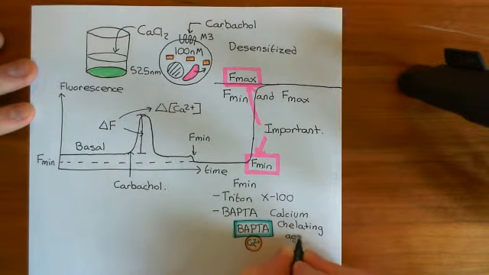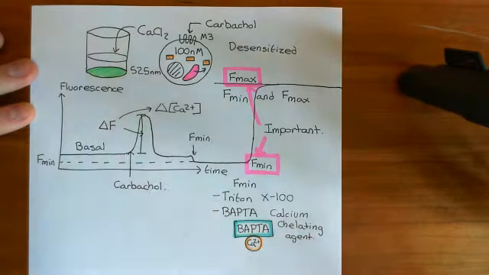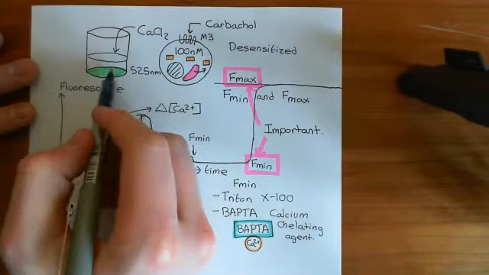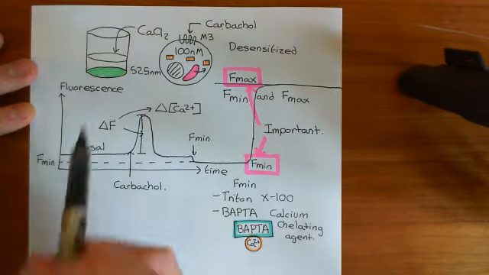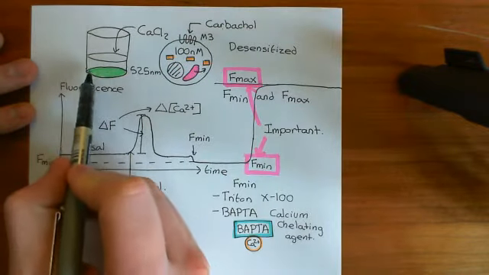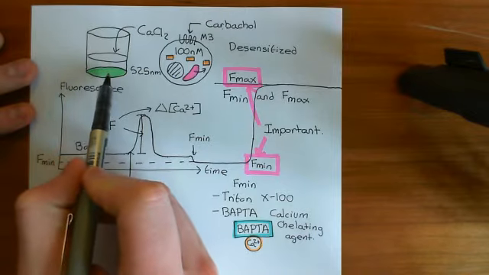So it's going to remove all of the free calcium from this fluid, which means that none of the Fluo-4 molecules are going to have calcium bound anymore, because there's no calcium in the free solution. Which means all of those Fluo-4 molecules will have the really bad fluorescent properties.